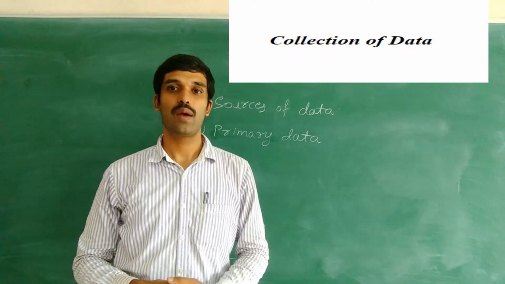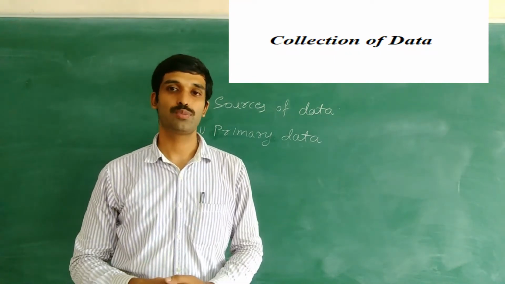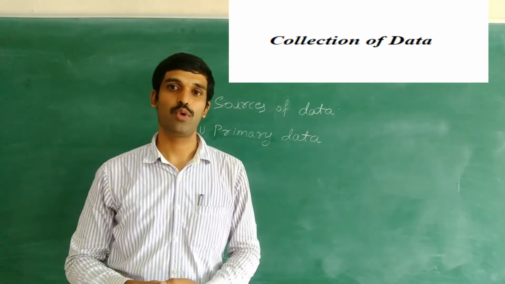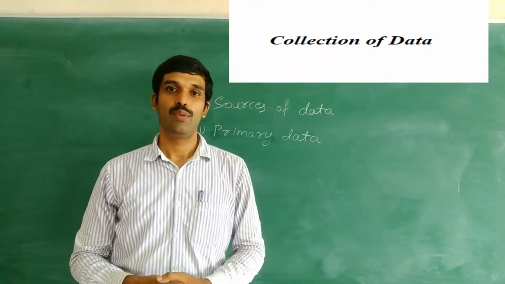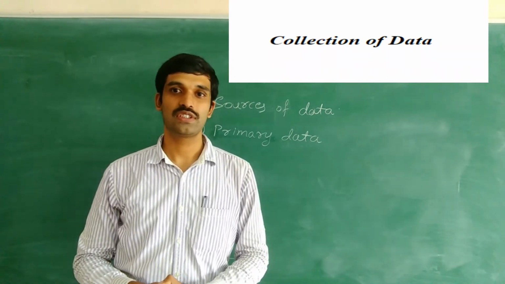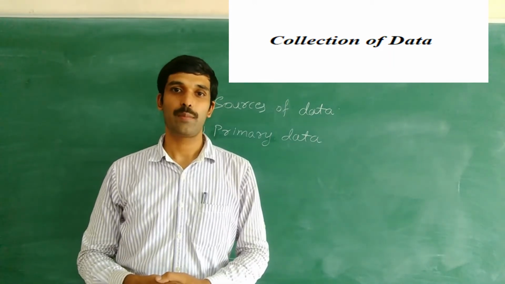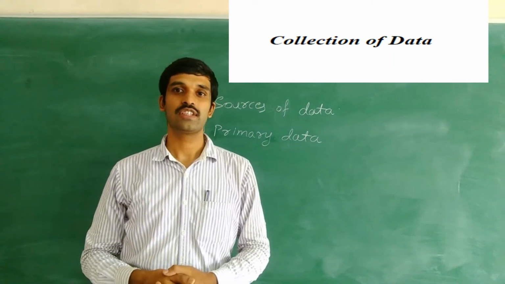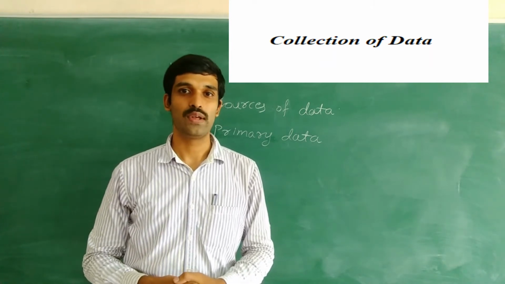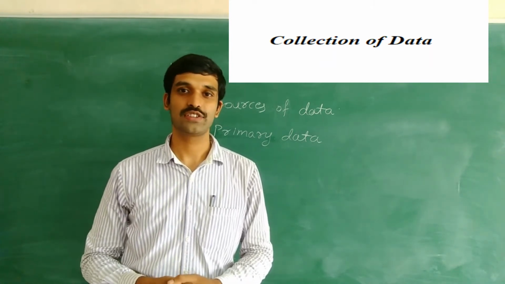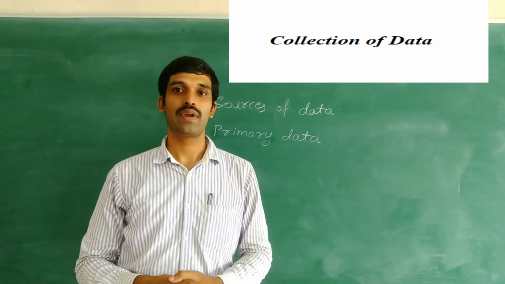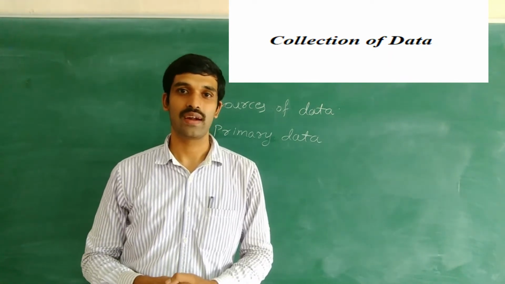Then we can come to the conclusion who is the most popular cricketer or who is the most popular film star. We can get the opinion from all the students. Then on the basis of that opinion, we can conclude that this film star is more popular and this cricketer is more popular. This type of data are called primary data.